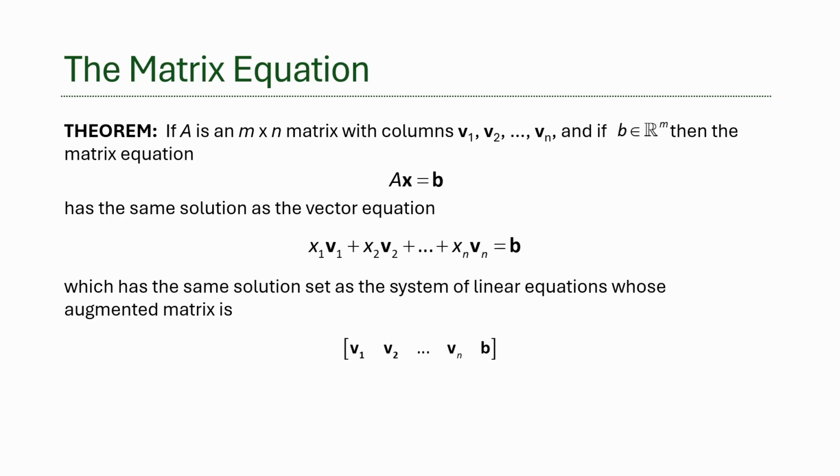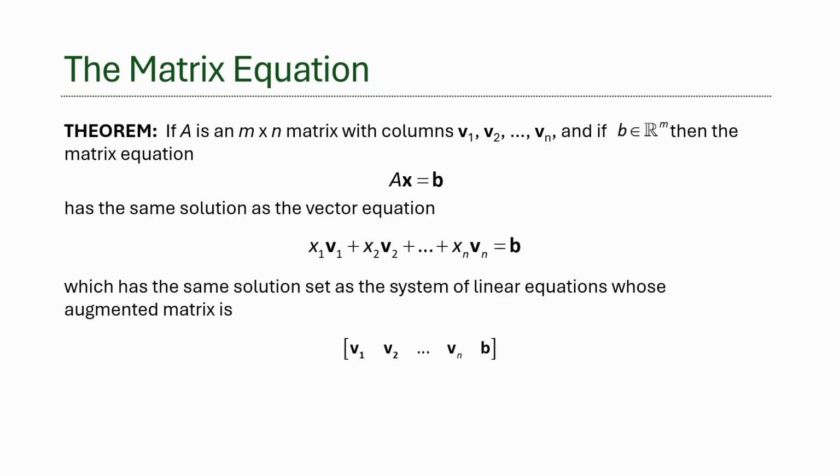This somewhat wordy theorem is really a high point for this chapter. It tells us that if we have a matrix equation AX equals B, where we know the columns of A, then that matrix equation has the same solution as the corresponding vector equation, that linear transformation, which in turn has the same solutions as the system of linear equations whose augmented matrix is given in terms of those vectors.